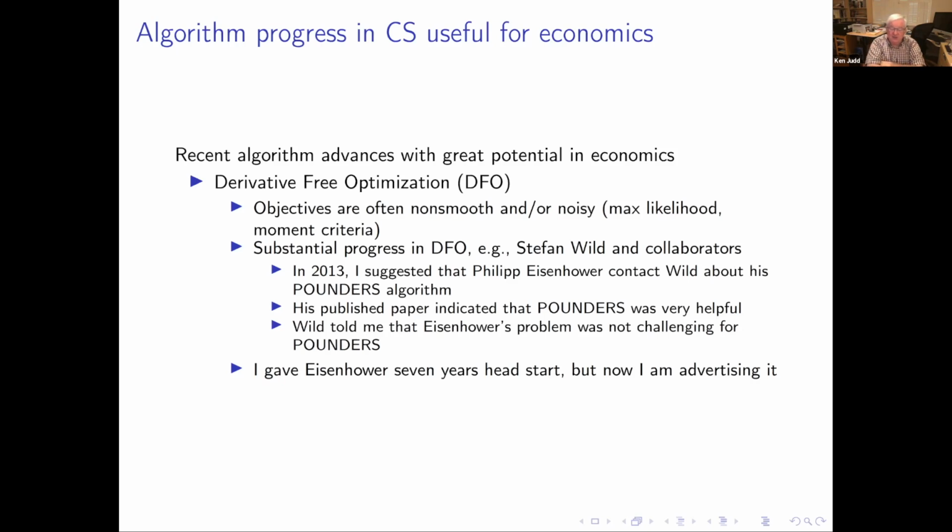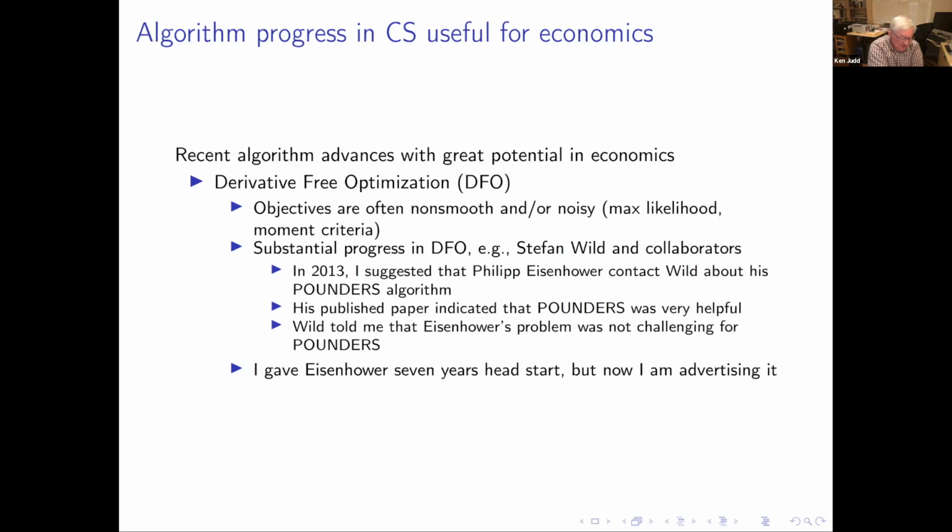Those are not going to be smooth, or even if they're smooth in some sense, maybe actually C infinity, they're wiggly. They've got noise in them. So it strikes me as a tool that could be very useful in econometrics, and Philip's paper argues that it was. I told Philip about this 7 years ago. I gave him a 7-year head start, but now I'm starting to advertise it.